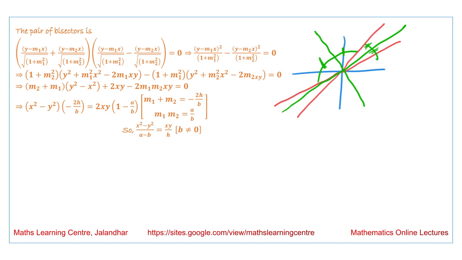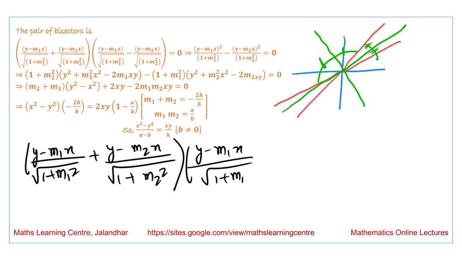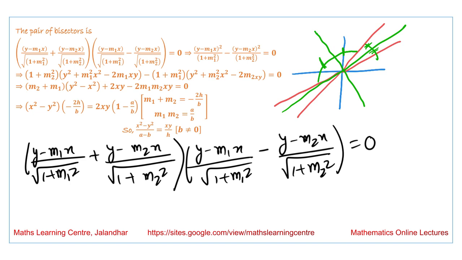Now if we write the combined equation of both these lines, it is (y minus m1x over square root of 1 plus m1 square plus y minus m2x over square root of 1 plus m2 square) into (y minus m1x over square root of 1 plus m1 square minus y minus m2x over square root of 1 plus m2 square), and this value is equal to 0.